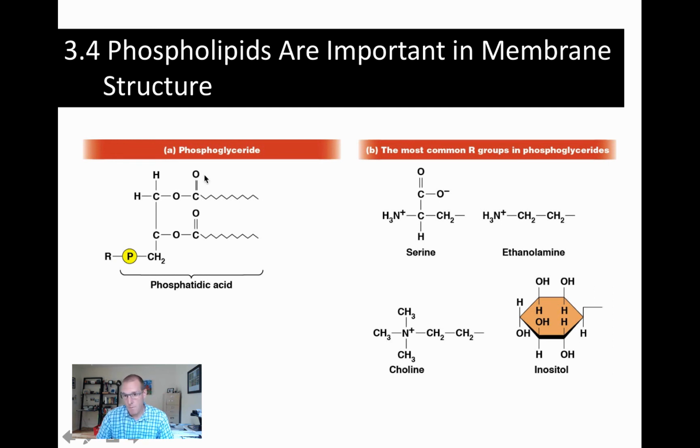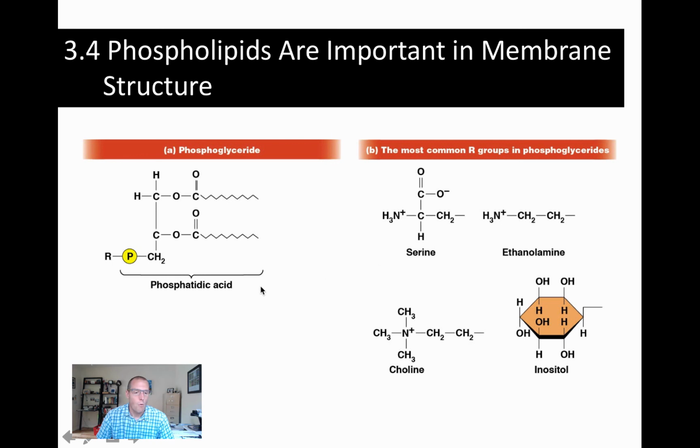Phosphatidic acid is rare in membranes. It's not a common phospholipid seen in membranes, but it's a basic building block, and we just substitute out the R group when we need to. So we can put in this R position any number of small hydrophilic alcohols, things like serine, ethanolamine, choline, or even the more complicated inositol.